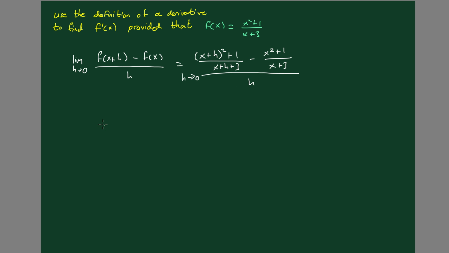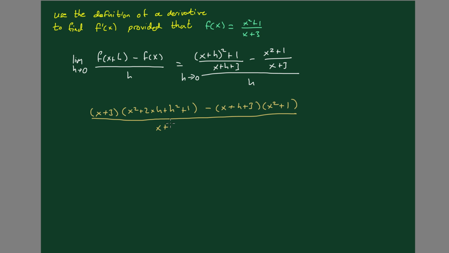We have that the numerator becomes (x plus 3) times (x squared plus 2xh plus h squared plus 1), minus (x plus h plus 3) times (x squared plus 1), and all of that is going to be divided by (x plus h plus 3) times (x plus 3) times h, and we're taking the limit as h approaches 0 of this.